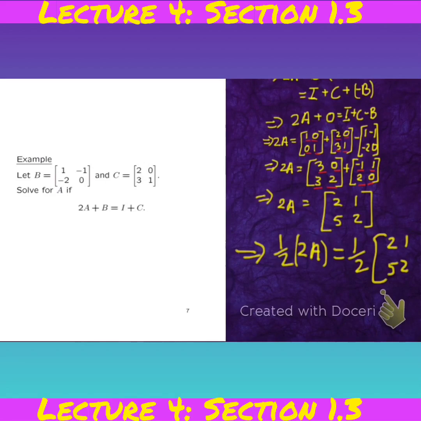So we multiply the right hand side with a half, and therefore on the left hand side we've got A, and on the right hand side we multiply that scalar, the half, with each entry in the matrix. That's how scalar multiplication works with matrices. So that becomes a 1, a half, 5 over 2, and 1.